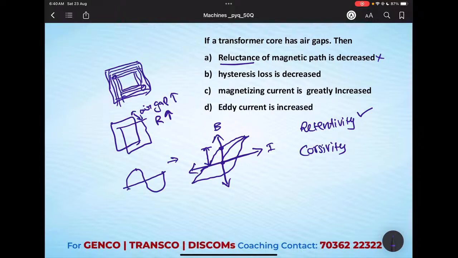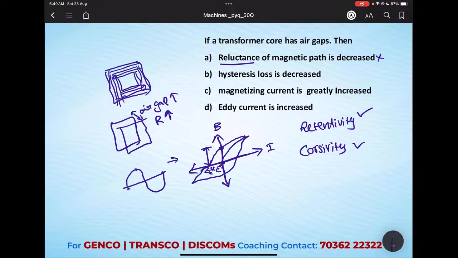As per actual it has to come to 0, but it is not coming to 0 because of retentivity. Second thing is, after reaching 0, it does not reach 0 immediately; it goes to the negative term, minus Hc. The magnetic field intensity is not 0 even though our current is 0. It is going in the negative direction. So in order to bring this to 0, we need to apply some more energy.